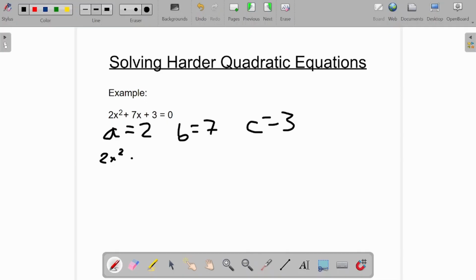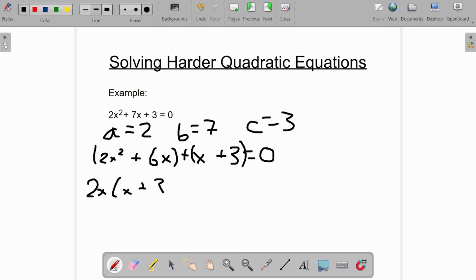2x squared plus 6x plus x plus 3 is equal to 0. Now you're going to want to group the two terms into pairs, so we can just simply put brackets here and here. Now you want to factor each group. We can do this by doing 2x, and then it becomes x plus 3.